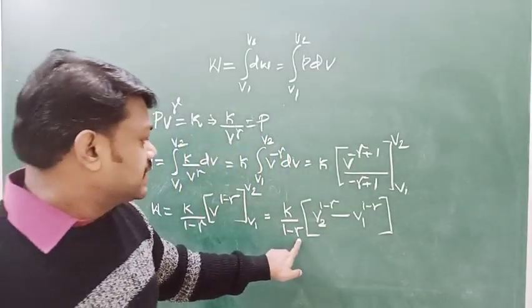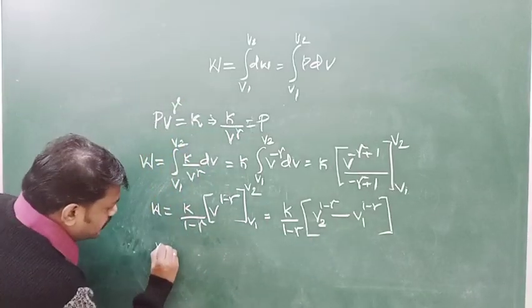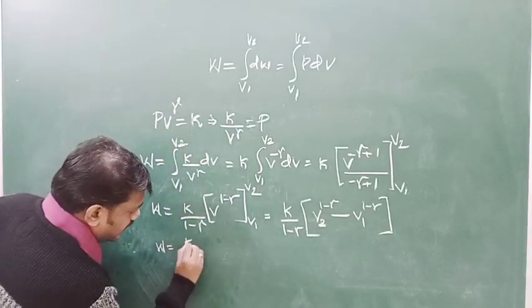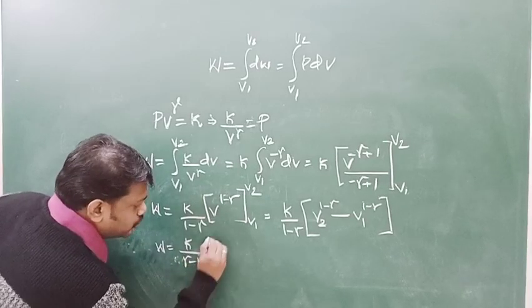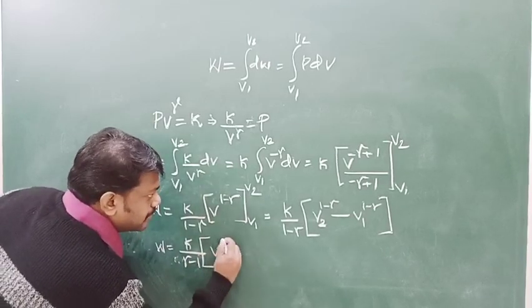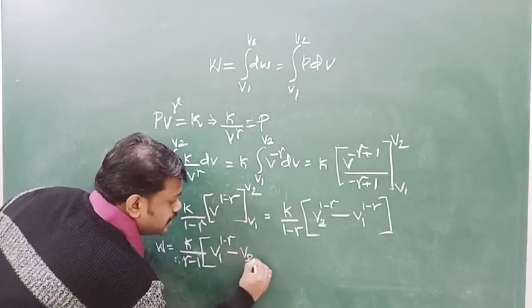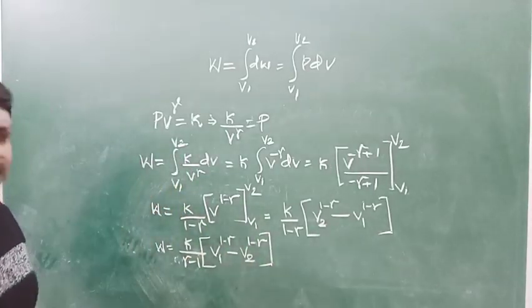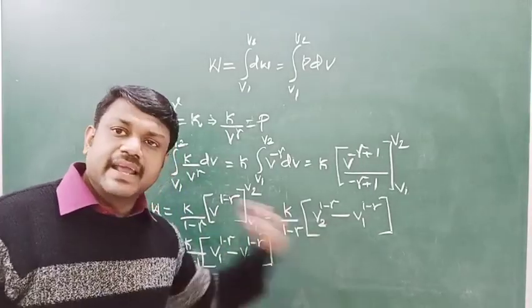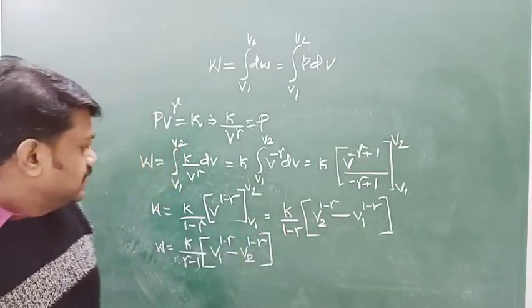Since gamma is greater than 1, you can interchange the order. So W equal to K divided by gamma minus 1 into V1 power 1 minus gamma minus V2 power 1 minus gamma. No problem with that, you just multiply by a negative sign on both sides, inside and outside.